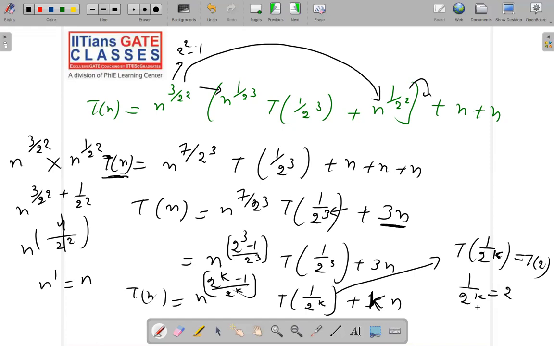Using this, we can calculate the value of k. If we apply log both sides and do all the calculations, we are saying that n raised to power 1 upon 2 raised to power k is actually 2. If we again apply the log both sides and do all the calculation, k will become log n.